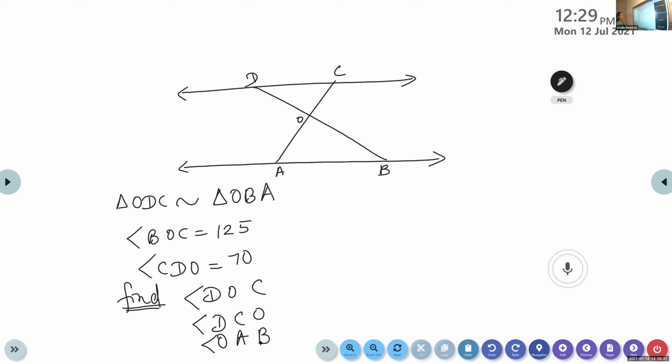Triangle ODC is similar to triangle OBA. And it is given BOC is 125, CDO is 70, find angle DOC, DCO, OAB.